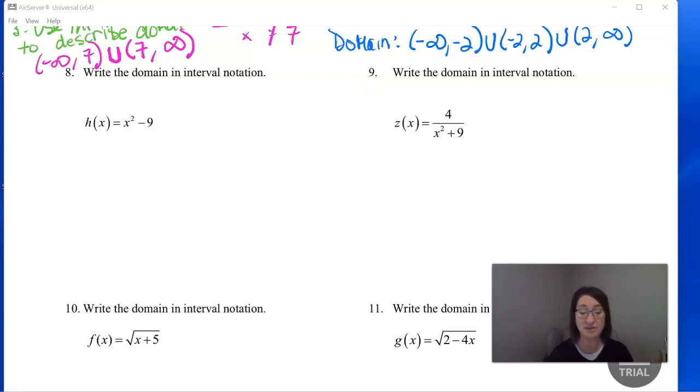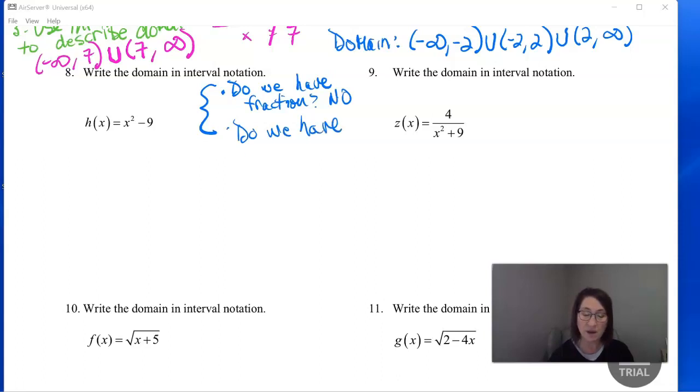So the question is, do we have a fraction? The answer is no. Then we ask, do we have a square root?